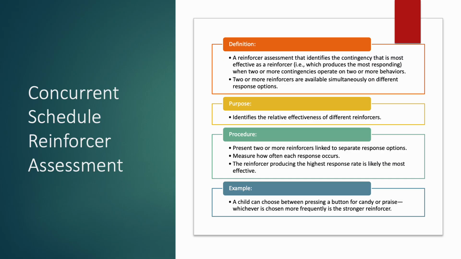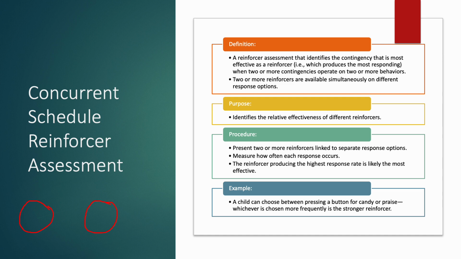Okay, so the next reinforcer assessment that we are going to talk about is the concurrent schedule reinforcer assessment. So remember, with the reinforcer assessments, we are having the client engage in a particular target behavior, and we want to see if I provide a particular stimulus following this target behavior, can I increase the future frequency of the behavior? Okay, so one really easy setup for this type of assessment is to have two specific behaviors that you want the client to engage in.